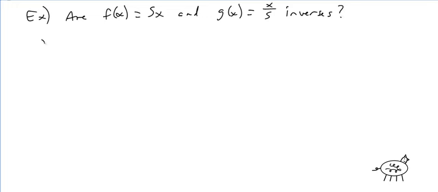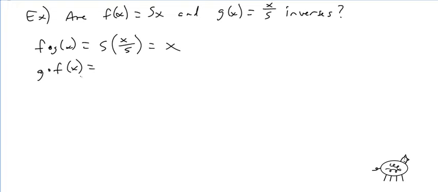Well, let's do f of g of x, just other notation. And so I'm going to plug g of x into that x, so it's 5 times x over 5, which is, hey, equal to x. How about g of f of x? Well, I'm going to plug f of x into g of x, so I get 5x over 5, which is x. So the answer is yes.